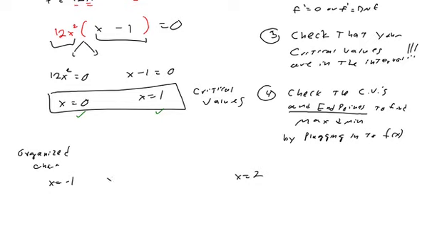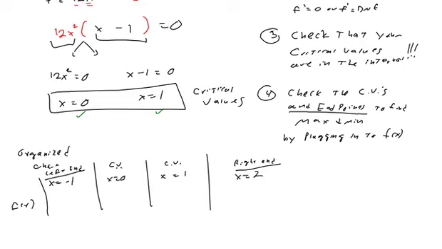You have a critical value of x equals 0. So this is the left end, your right end. You got your critical value 1, and another critical value here. And then you plug them in to f of x.